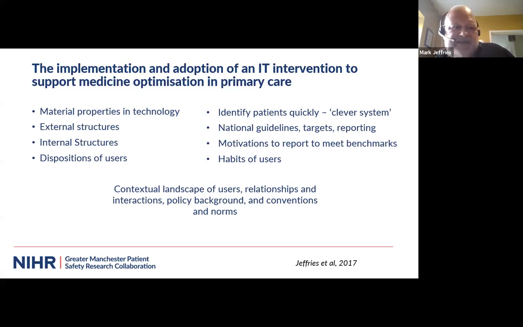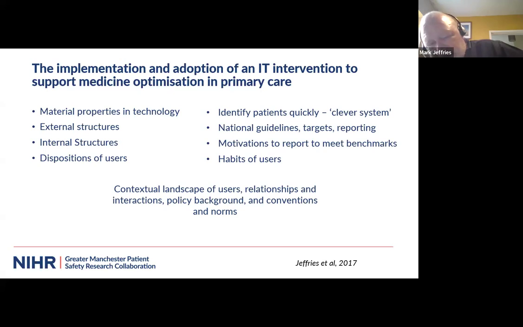CCGs, and this is going back to when we had CCGs, about 10 years or so ago, they used it in different ways. They used it to monitor what was going on. So it was used in different ways. There were almost like many different systems layered around using this audit and feedback system. And the most important thing was the context and that complex mix of users, the relationships, the interactions, the different policy backgrounds, and the conventions and the norms that really, really impacted upon how it was used.